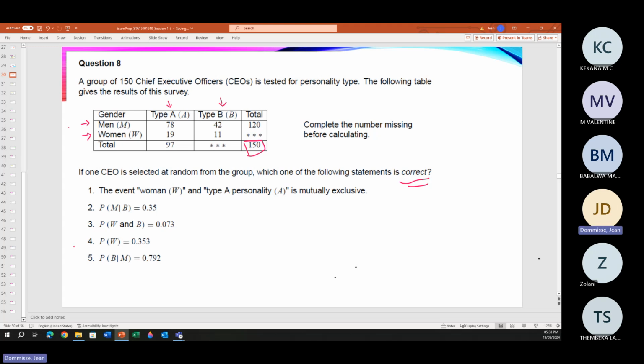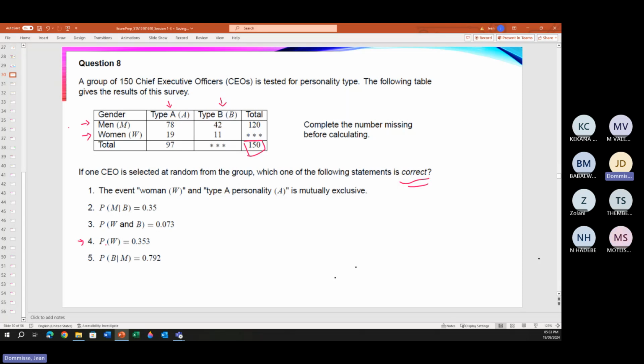Okay, so let's first see. The easiest one normally is if we look at one where we only need to find out the probability of one thing, so the probability of the woman. So it would be 19 plus 11. So probability of woman would be 50 divided by 150.